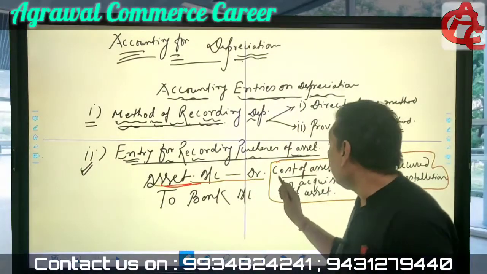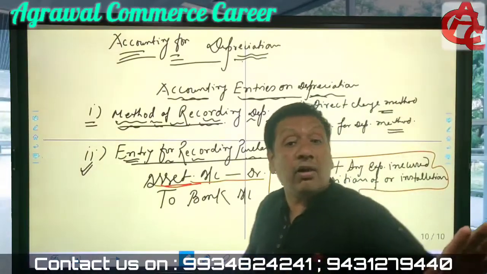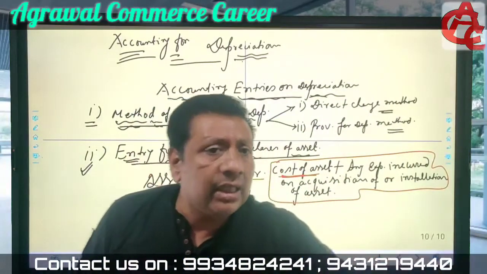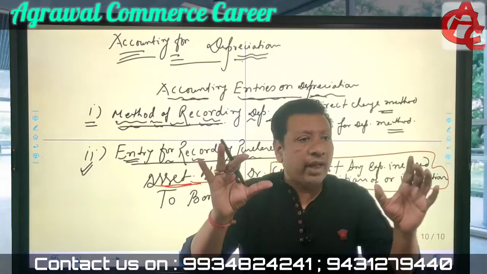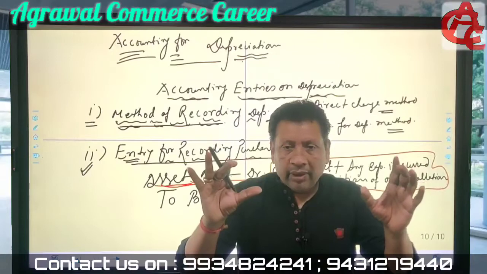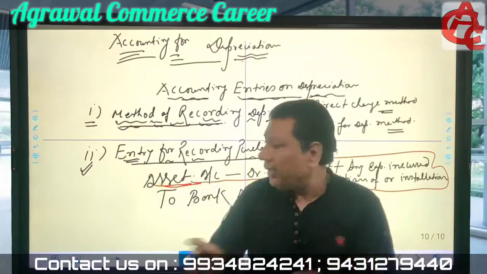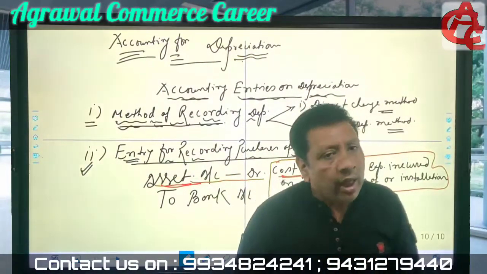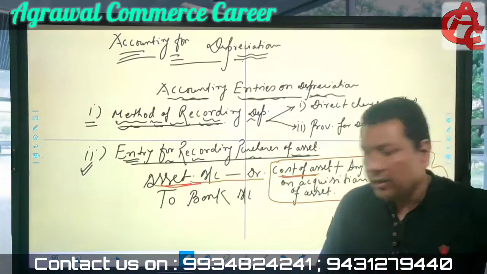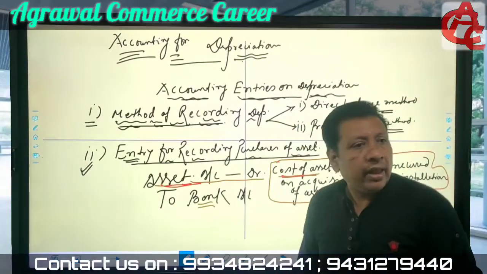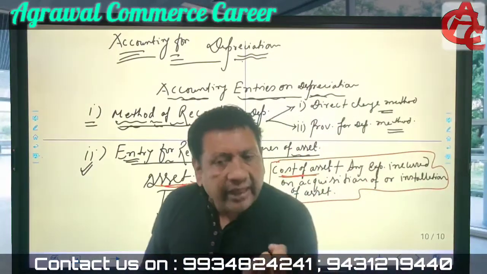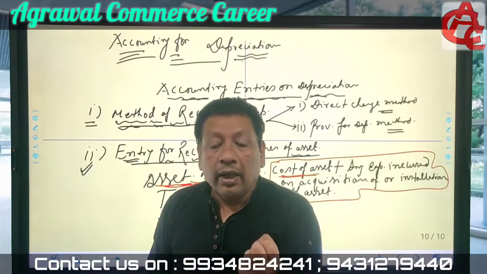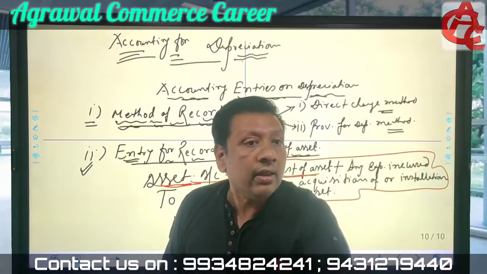Try to understand. Whatever the cost, whether it is paid or not, even if it is still due. Say I have purchased a camera for 5 lakh rupees, but payment is still due. Will I debit the asset account or not? Yes. I have purchased the camera on credit. I have not given any check or transferred any amount to the vendor, but I have obtained the camera and got it installed in my studio.